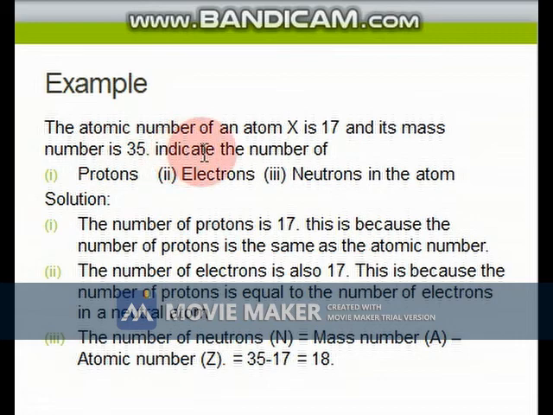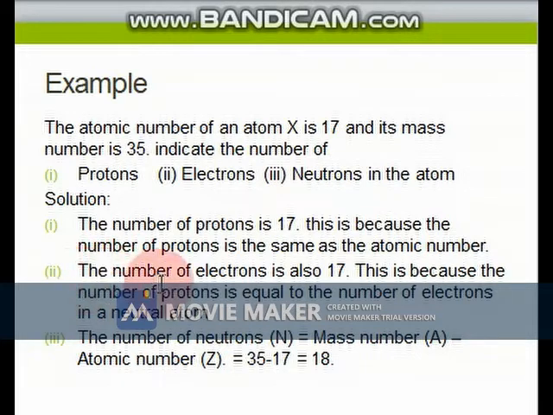Now the atomic number of an atom X is 17 and its mass number is 35. Indicate the number of protons, electrons, neutrons in the atom. So in solving this, we shall have the solution as such. One, the number of protons is 17. Now the reason is that the number of protons is the same as the atomic number. So if the atomic number is stated as being 17, automatically the proton number is also what? 17.